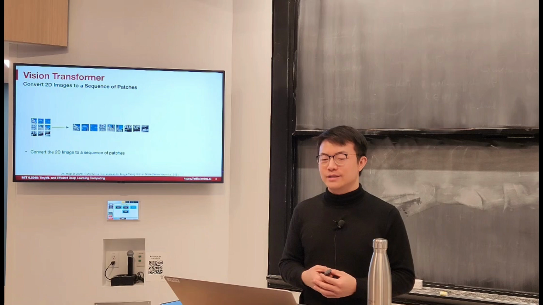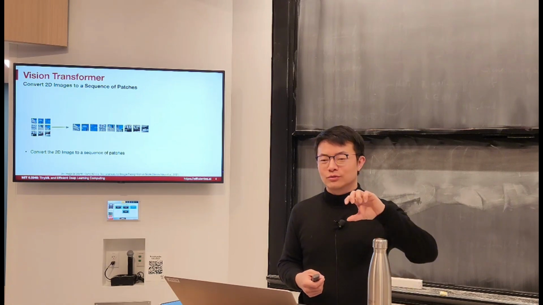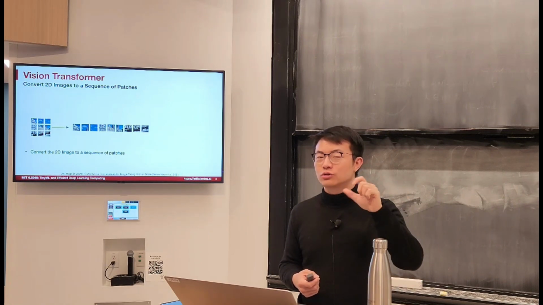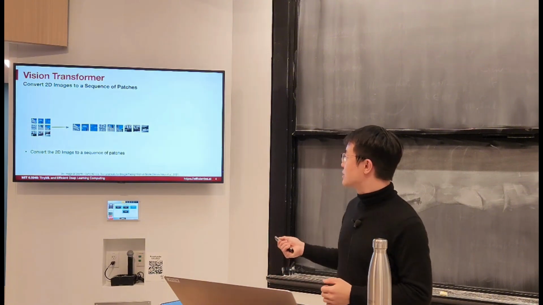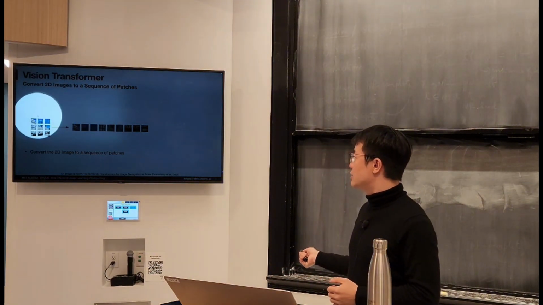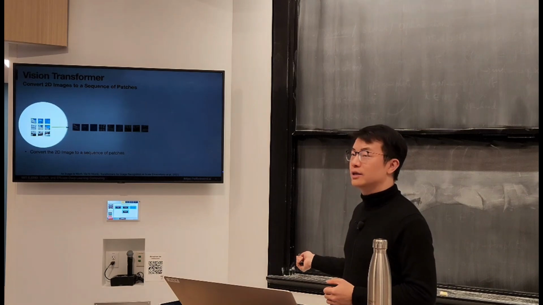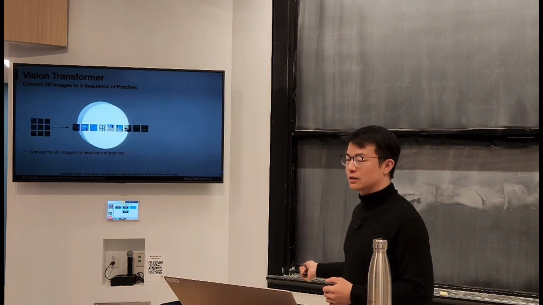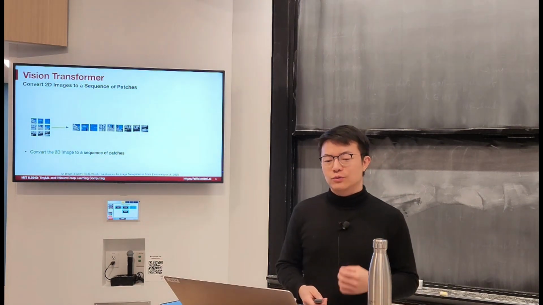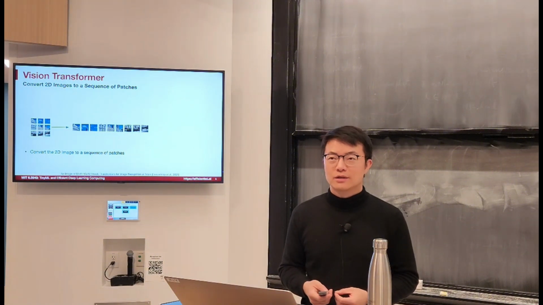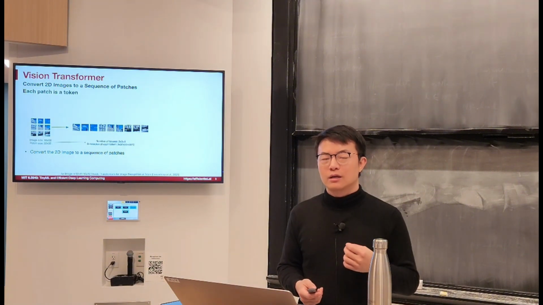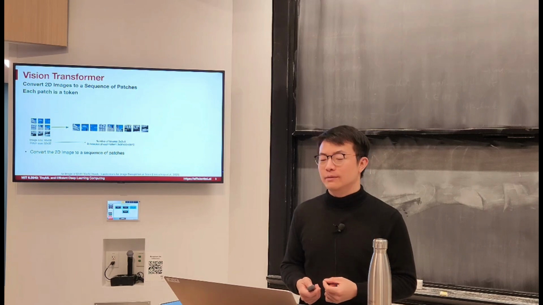A natural way is to convert the image into patches. Like in this case, we have an image, and we divide it into 3 by 3, 9 patches. Here are the 9 patches. So we convert the 2D image into a sequence of patches, and we consider each patch as a token.